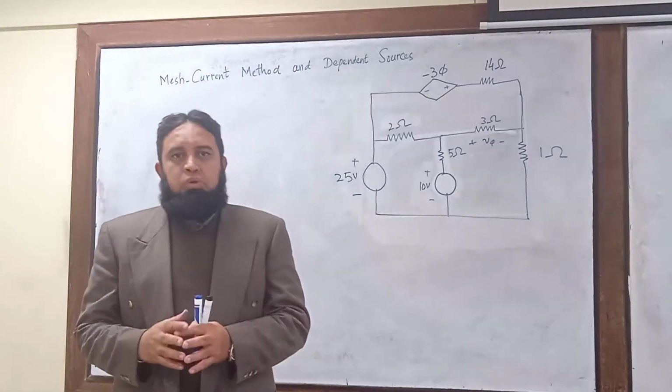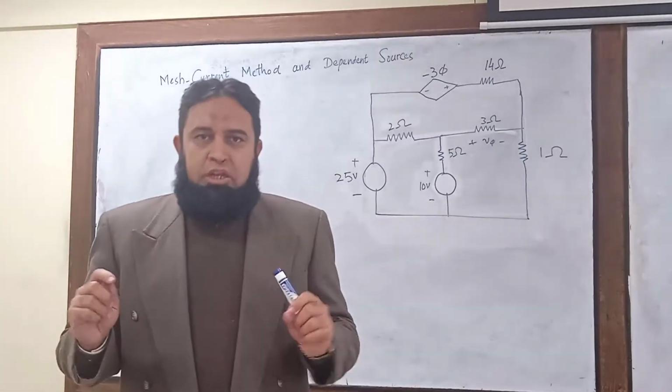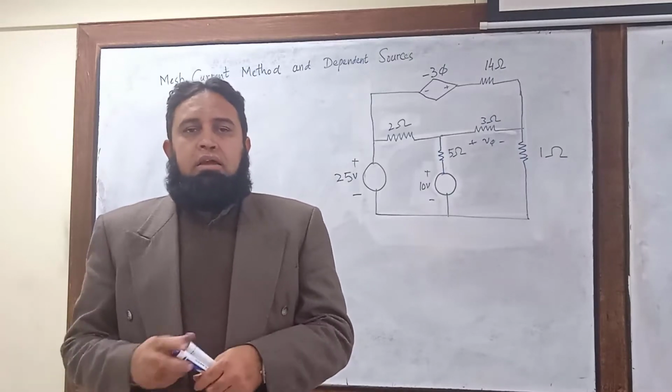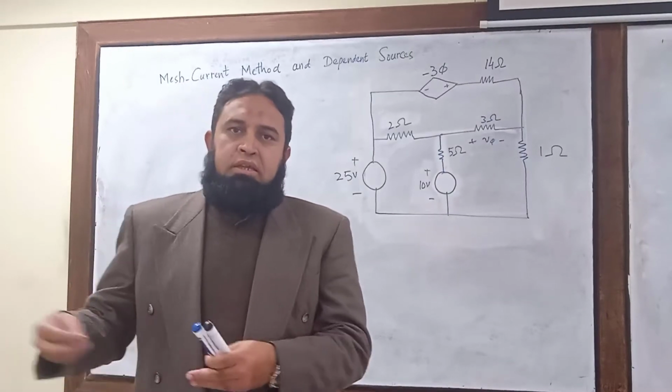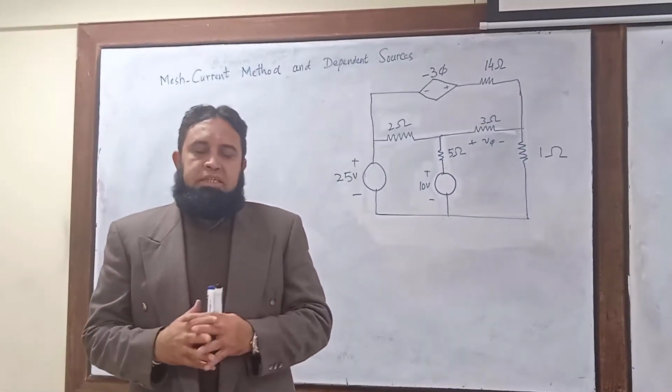So there is no issue. The only thing you have to consider is that the dependent sources depend on some currents or voltages in the circuit, so you have to just consider that relation.